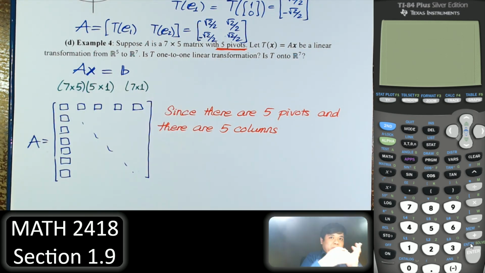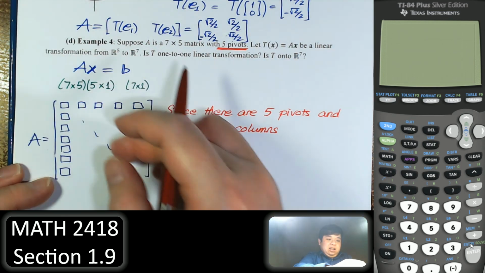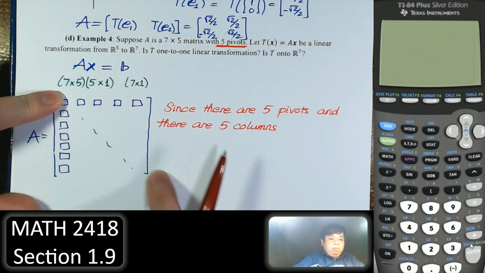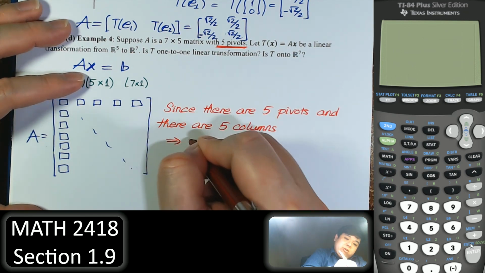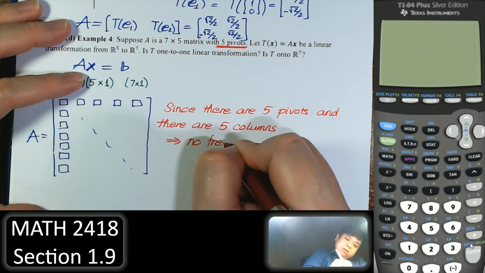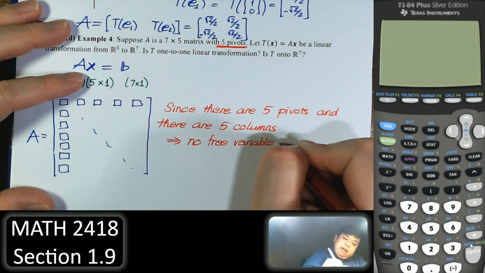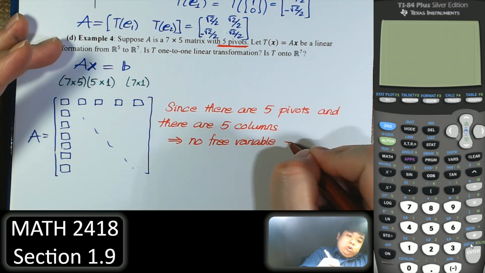That's the point of the echelon form. The pivot has to align to the right of the one above. So in that case, 5 pivots on 5 columns, so there's no free variable. And when there's no free variable, we cannot have infinitely many solutions. Because of that, this is one-to-one.